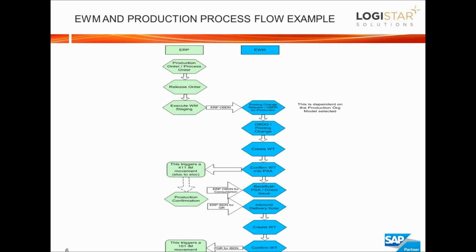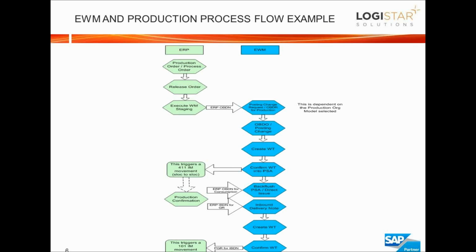But the confirmation of that movement ultimately triggers what looks to ERP like a storage location to storage location movement. It doesn't have to be between two separate storage locations; it could be just an internal movement from the same storage location to itself. Ultimately, what the flow is showing is the ability for that movement in EWM to say, hey, I've staged, and it is sending a confirmation back to ERP to say the staging's been done as well.